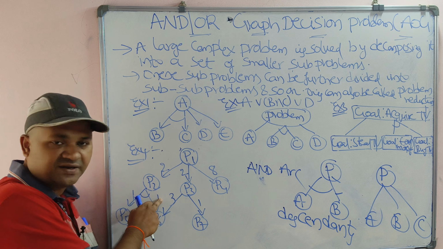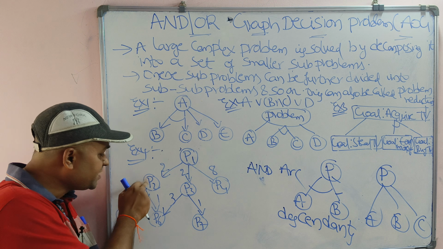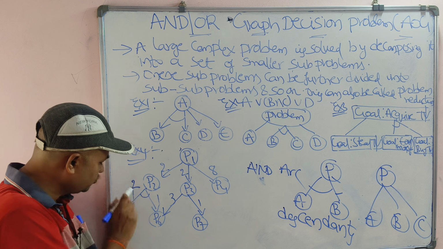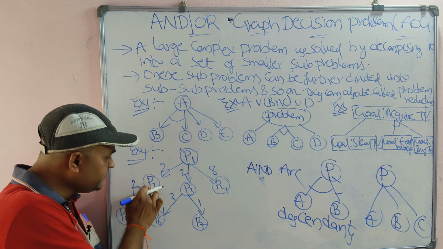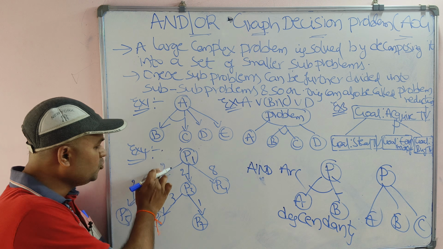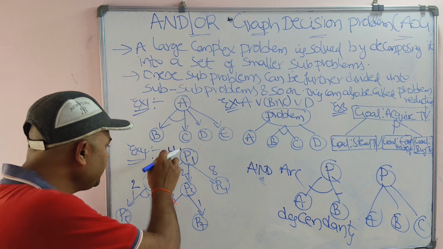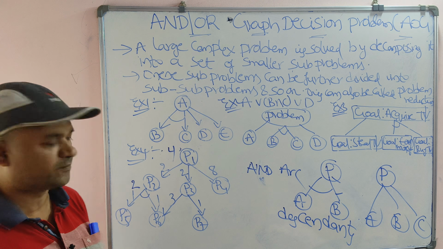So 1 plus 1 means 2. In order to solve P2, the cost is 2. For solving P5, P6, the cost is 2, and for solving P2, the cost is 2. So 2 plus 2 means 4. So in order to solve P1, if we travel via this path, the cost is 4.